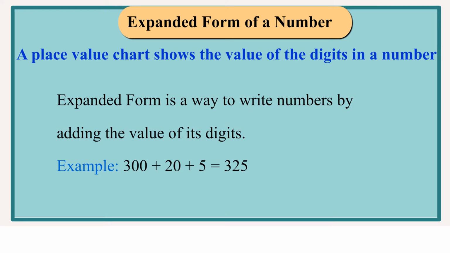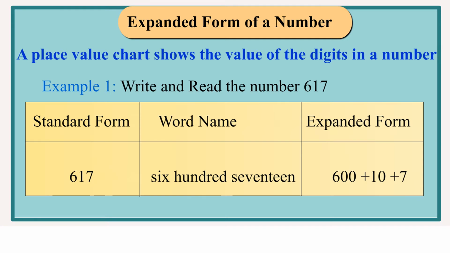Expanded form is a way to write numbers by adding the value of its digits. Example, 300 plus 20 plus 5 is equal to 325. Example 1. Write and read the number 617. Standard form: 617.